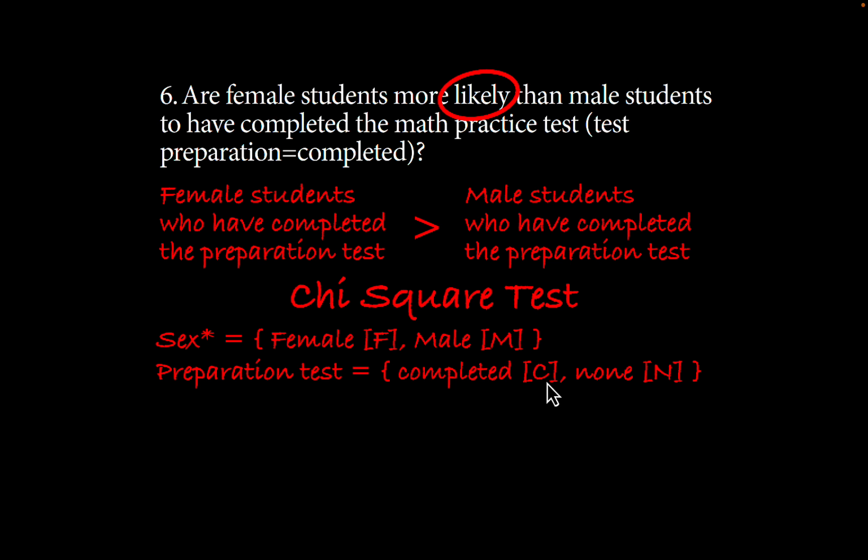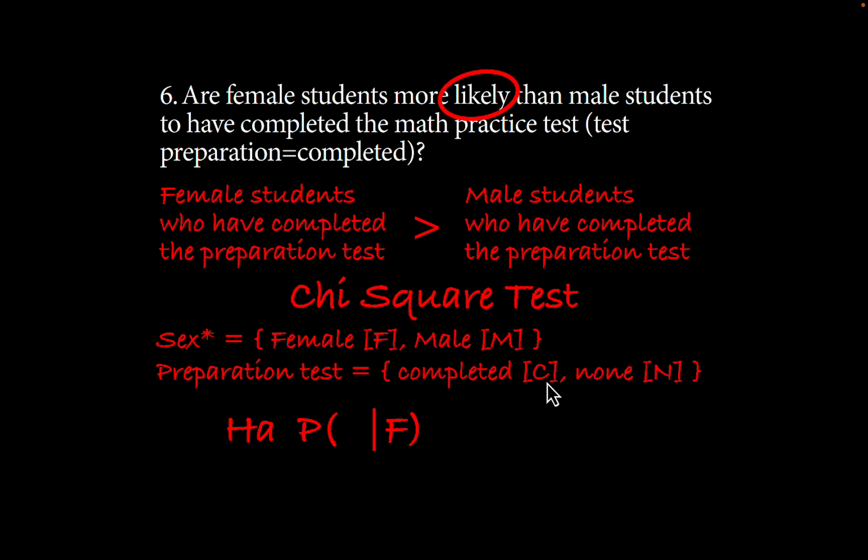We now need to turn our initial claim into a claim about conditional probabilities. So this is going to be my HA. I suggest you should start with the independent category, because we know that's always after the bar. It says, are female students more likely? So the probability we're after has the category female after the bar, and we're interested in female students who have completed the math practice test.